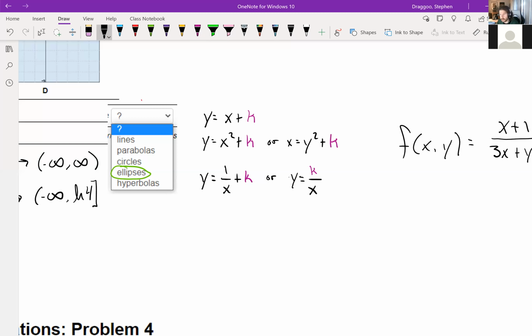But either way, we're reducing our equation down to just something that we would recognize from algebra. There might be one other shape that I'm not thinking about right now, but these seem like the basic ones that we would probably ask about. Lines, parabolas, circles. And again, we won't ask circles, we'll just put ellipses on there. Or hyperbolas.